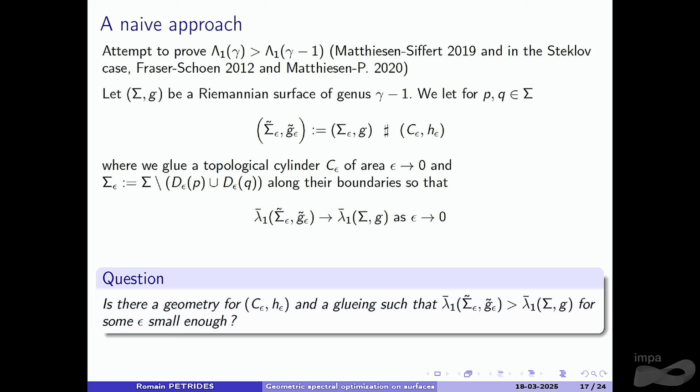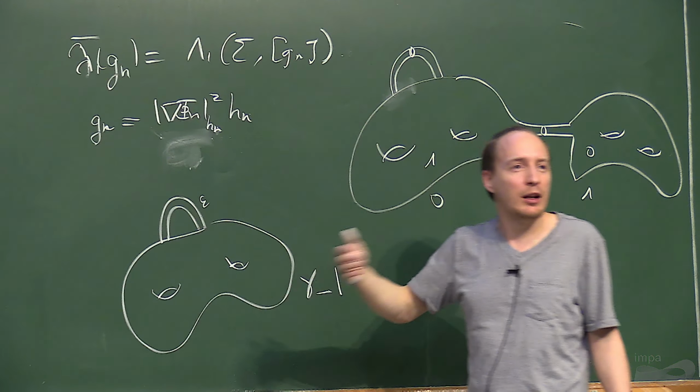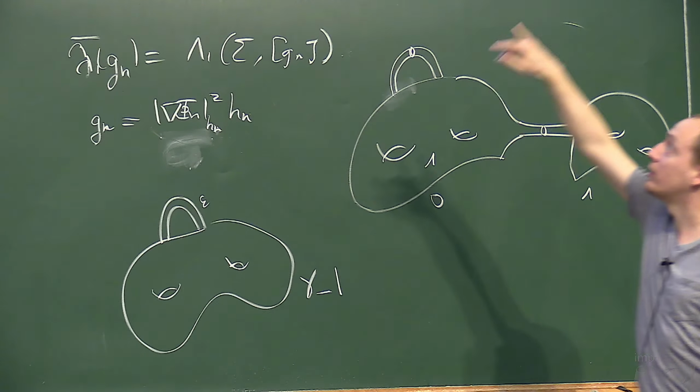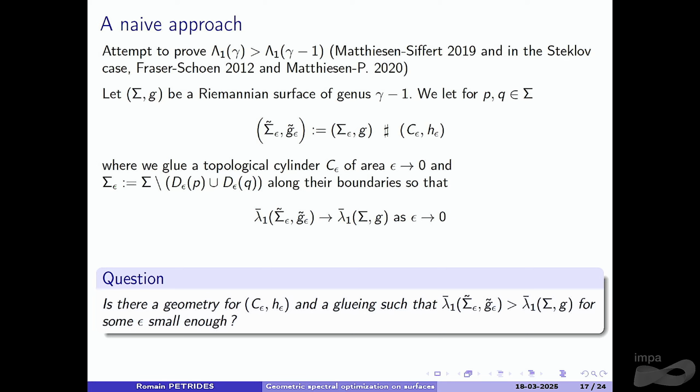You are above the limit. So you can expect from such a result, okay, lambda 1 is written as an infimum, so you can expect that lambda 1 is reducing as epsilon goes to 0, but you have the renormalized lambda 1 and you add some area, so you imagine that it compensates a little bit. So it was the first question.